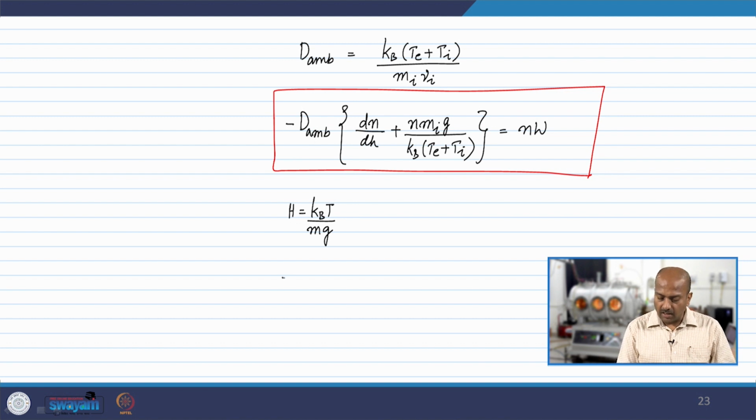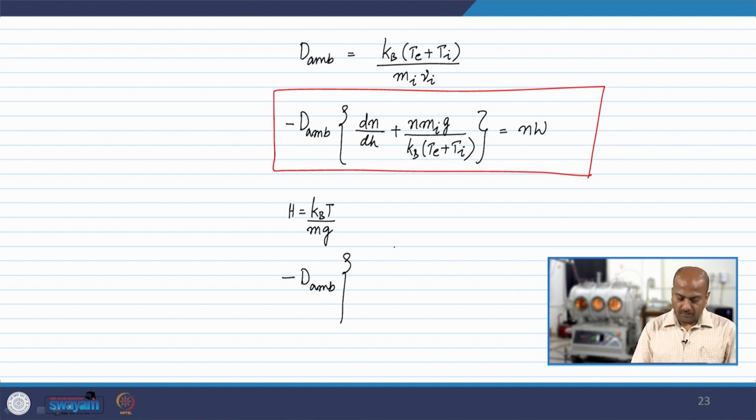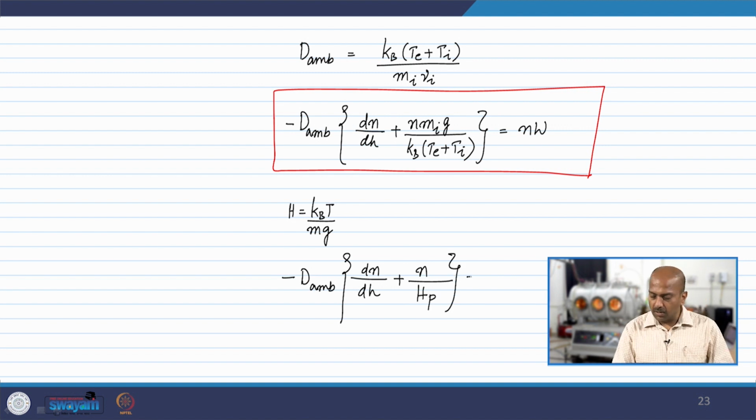So, we can write it as minus D ambipolar diffusion coefficient times dN by dH plus n by Hp, where Hp is the plasma scale height, is equals to n w. So, this is the modified equation for plasma, which is including the ambipolar diffusion coefficient.